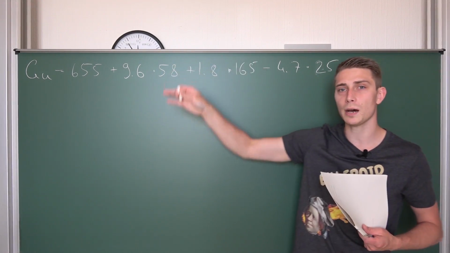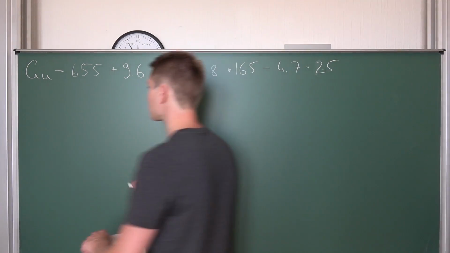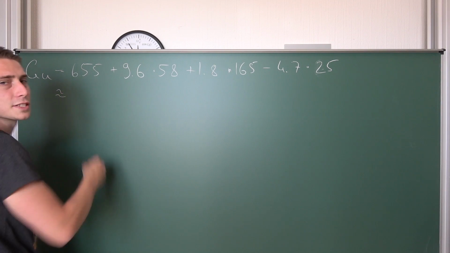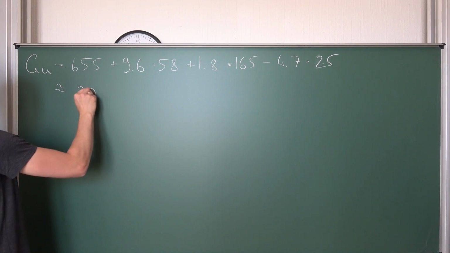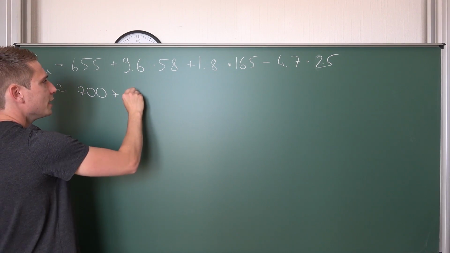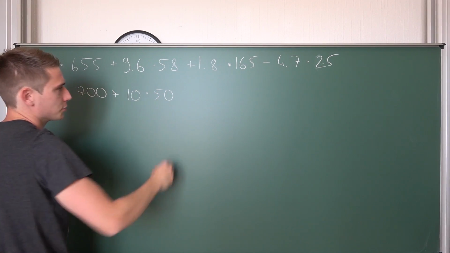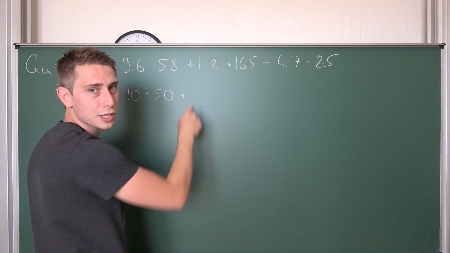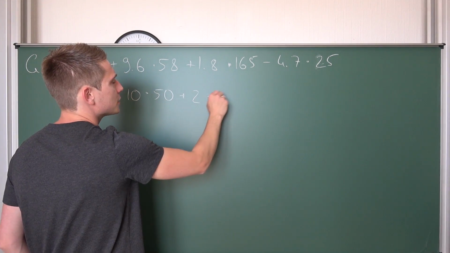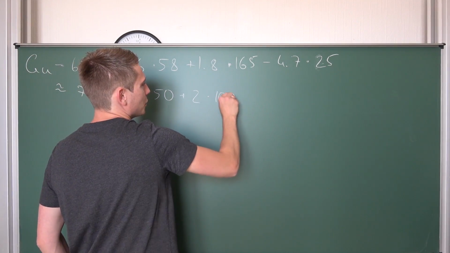So we are going to round to some nice numbers such that we don't need to use a calculator here. So 655 is nearly 700. 9.6 is nearly 10 times, and 58 is, let's just use 50. Plus 1.8 is obviously just 2 times, and 165 is just a meter flat, okay, 100.